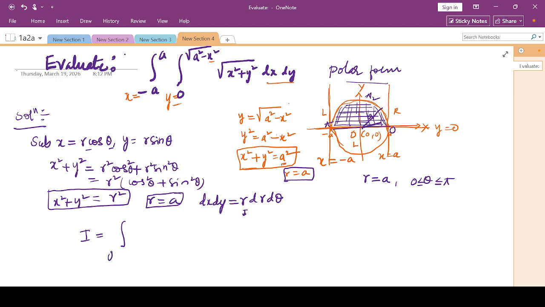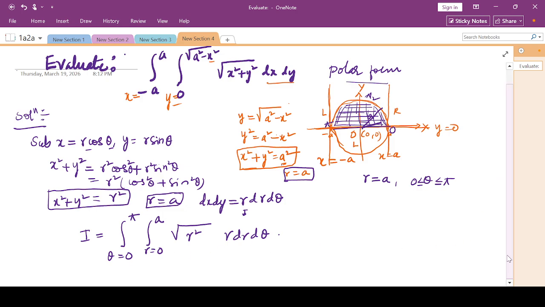You know that theta varies from 0 to pi and r varies from 0 to a. The square root of x square plus y square is taken as r, and dx dy is r dr d theta.